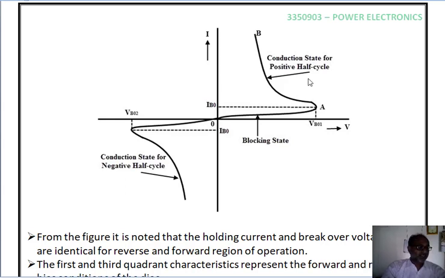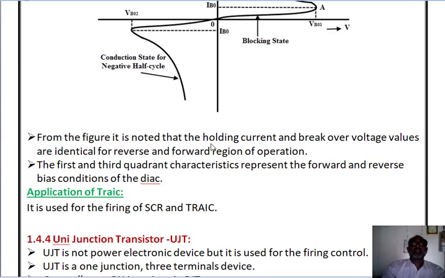When the current passing through the diode is greater than its holding current, the diode remains in conduction mode. As shown in the figure, the breakover voltage and holding current in forward bias and reverse bias are the same.